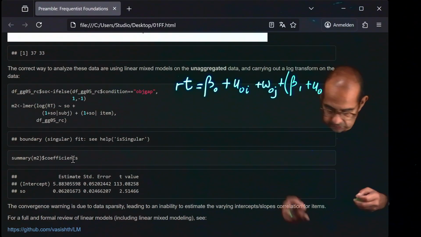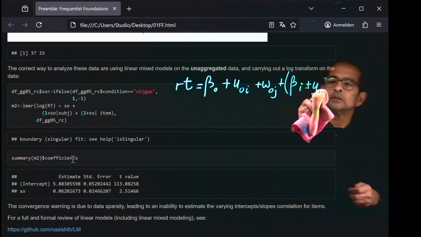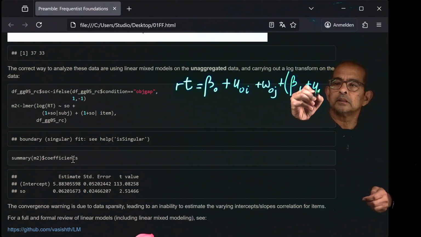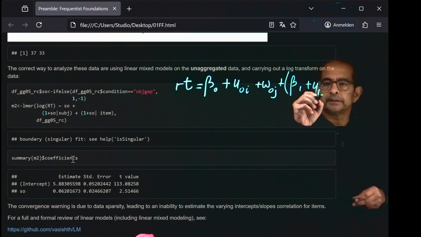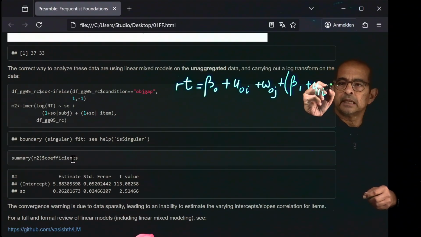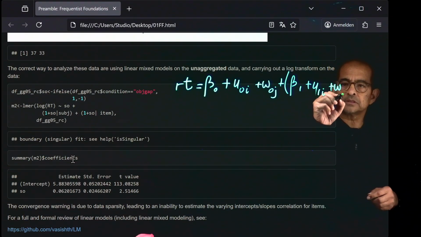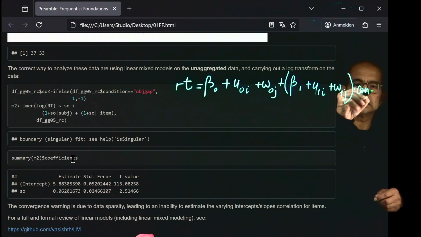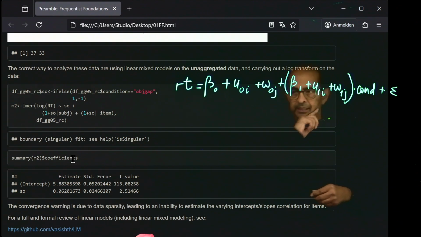Oh, sorry, it should not be 0, it should be U1, with index i for the subject ID, and there would be one for items too, a W1 with index j for the items. Then you have the predictor, which I'll just call condition, COND, and then the residual error. That's what the model looks like.